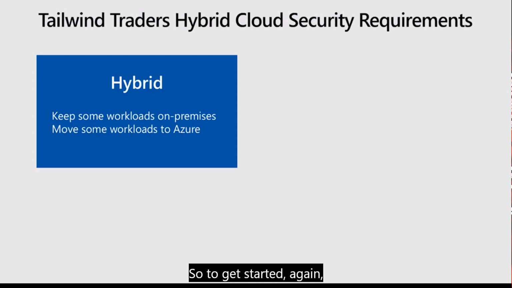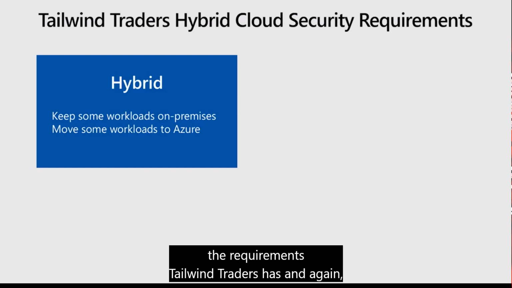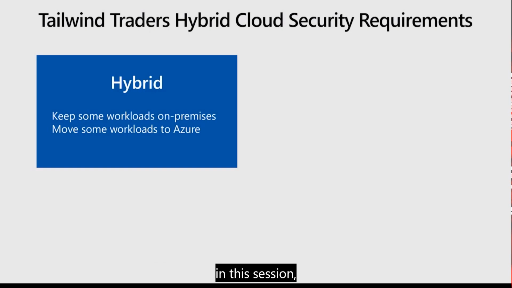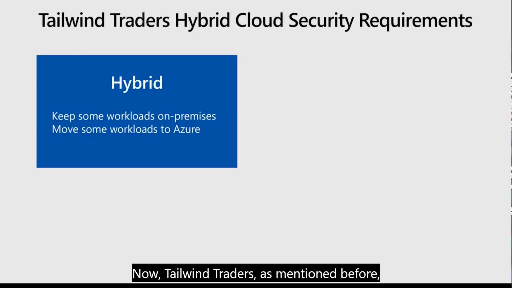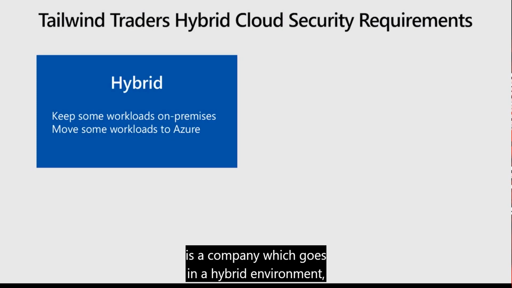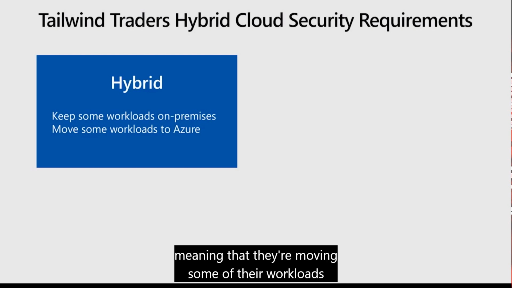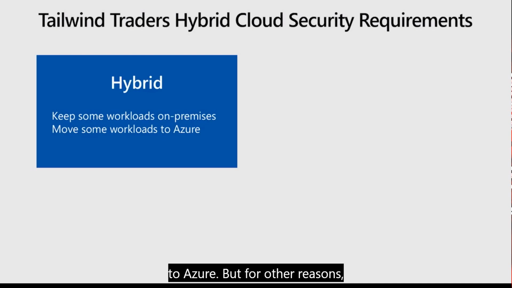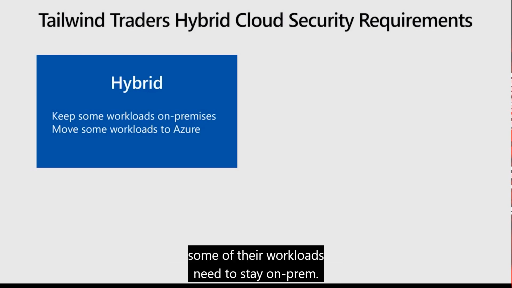So to get started, again, I want to quickly highlight a couple of the requirements Tailwind Traders has. And again, in this session, we're going to be focusing on security. Now, Tailwind Traders, as mentioned before, is a company with a hybrid environment, meaning that they are moving some of their workloads to Azure, but for other reasons, some of their workloads need to stay on-prem.